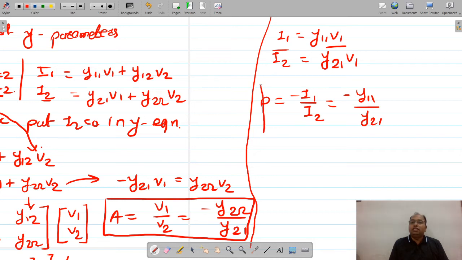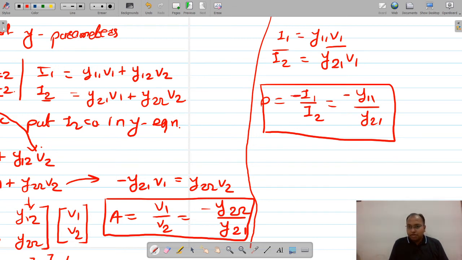So d is represented in terms of y parameter as d is equals to minus y11 divided by y21, because remember why we have taken minus: d is nothing but minus of i1 to i2, so I must have a minus sign over here. If I am not getting a minus sign, I have to multiply by minus 1. That is the only solution. Okay, so we did it.